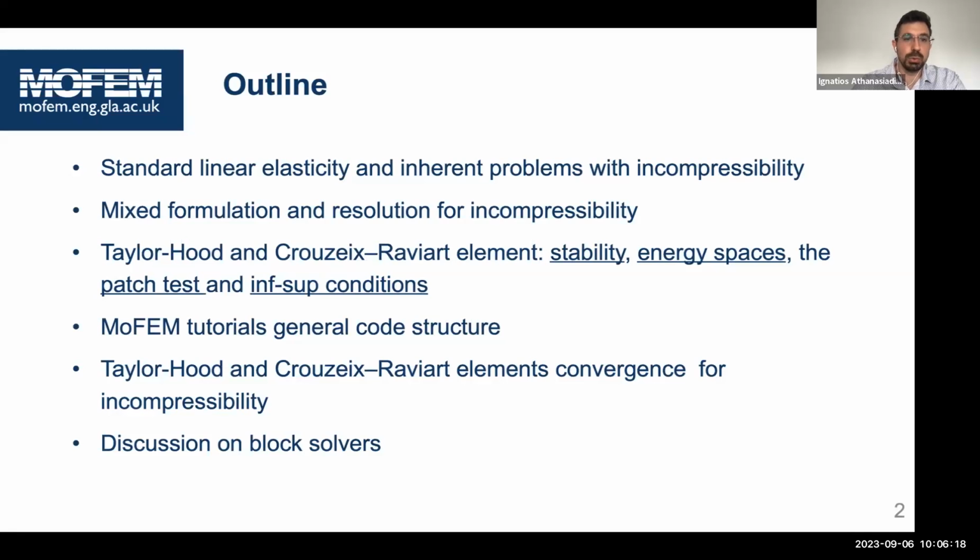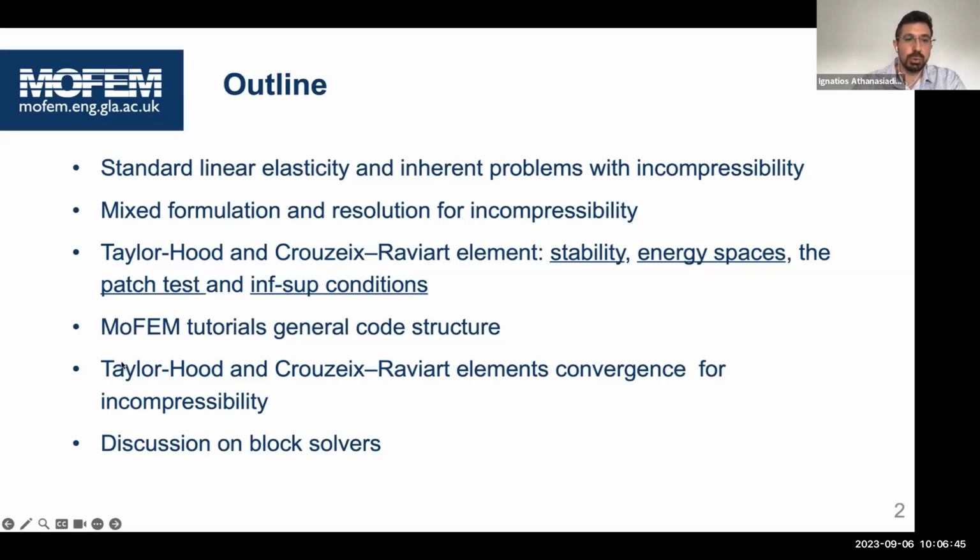Also, Taylor-Hood and Crouzeix-Raviart elements are presented regarding the mixed formulation, and stability, energy spaces, the patch test, and the inf-sup conditions are presented and briefly discussed, as this is a very deep problem that deserves a lot of understanding.